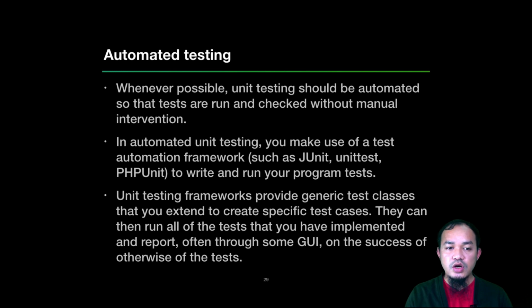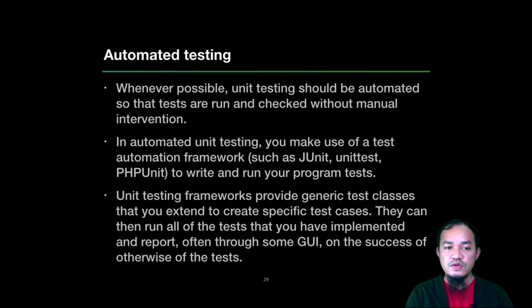Why do we have to do automated testing? Because it can help us reduce the effort of running the work every time we want to test. It can be done by itself. It provides a collection of interfaces and classes that help us achieve the testing very well.